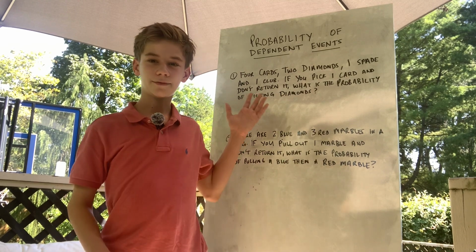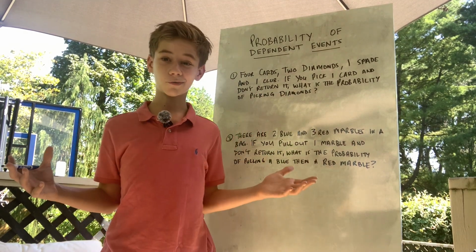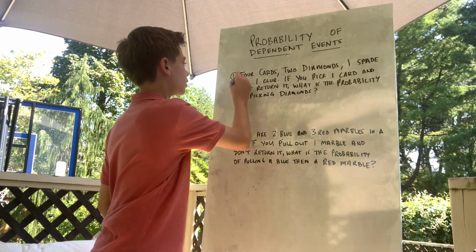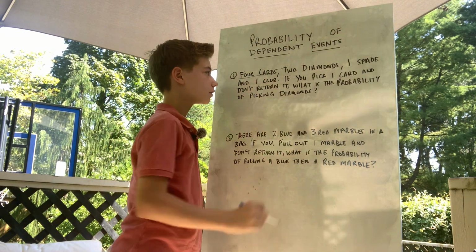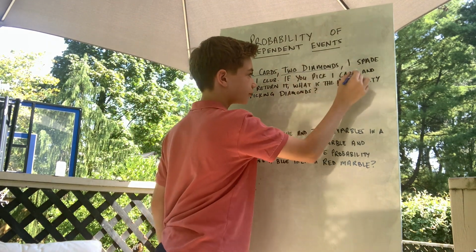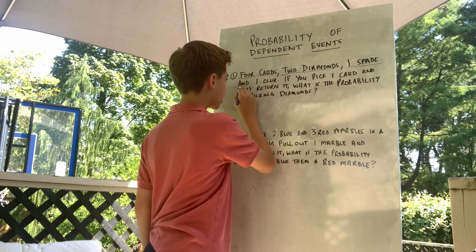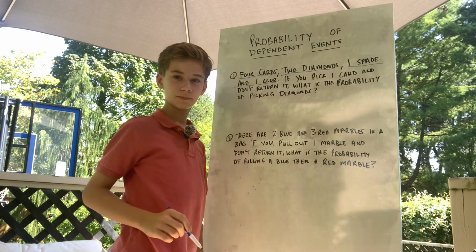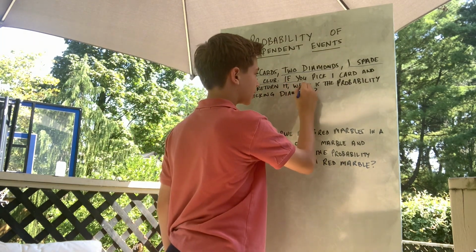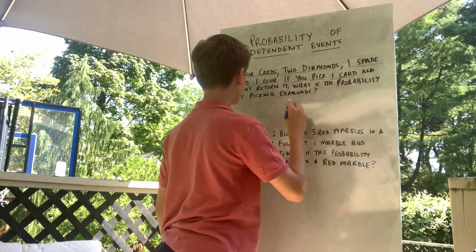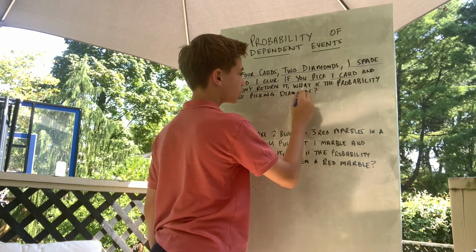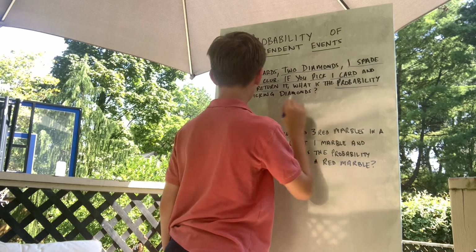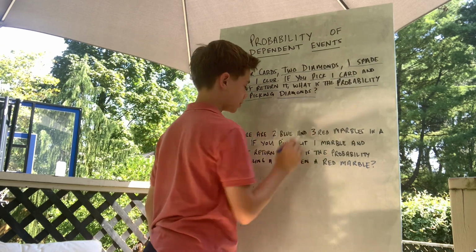Welcome to the board. I have 2 questions for us, and let's get started with the first one. There are 4 cards, 2 diamonds, 1 spade, and 1 club. If you pick 1 card, don't return it, what is the probability of picking diamonds?